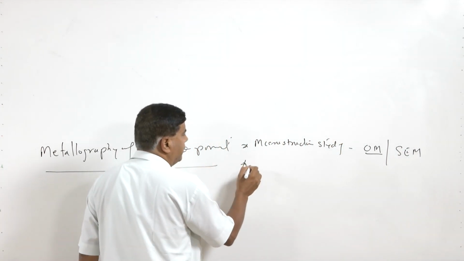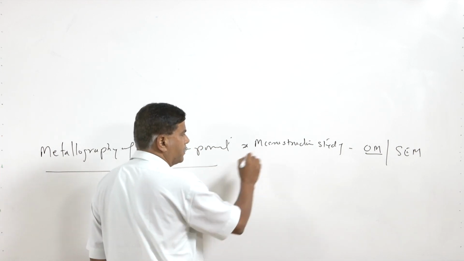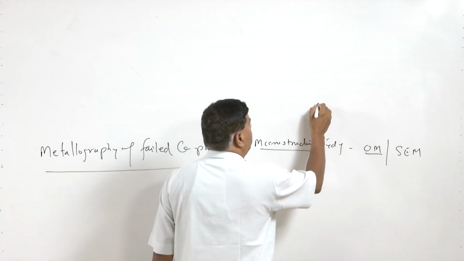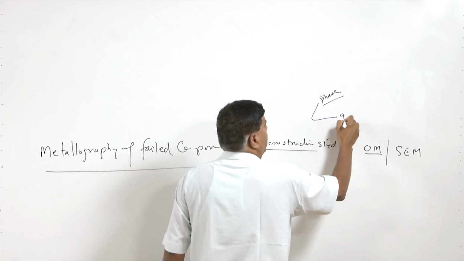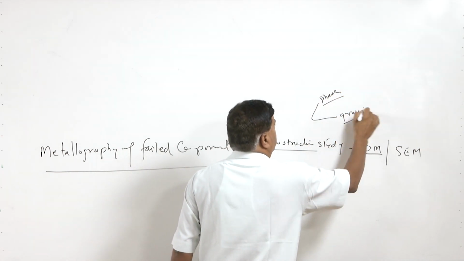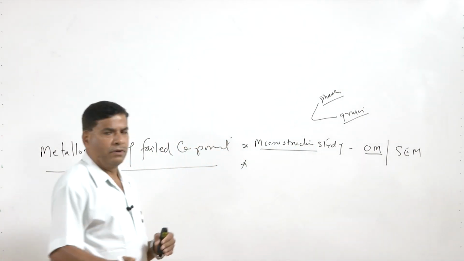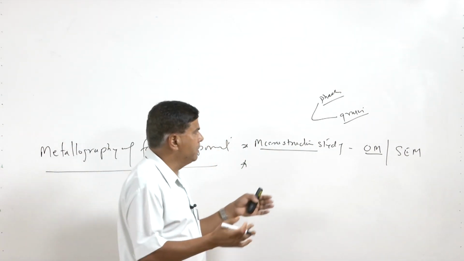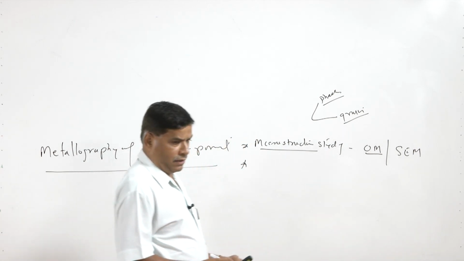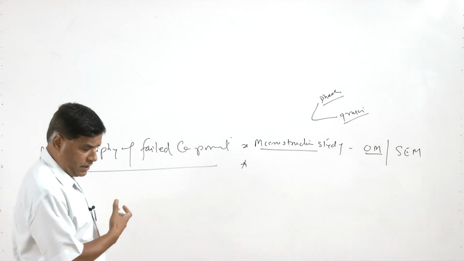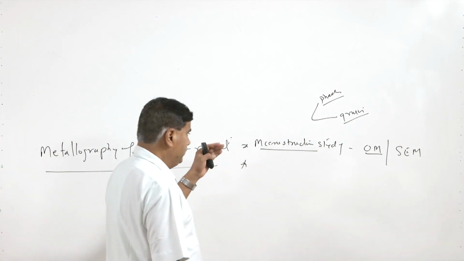Thereafter, identification of the phases, because microstructure study will be involving the phase and the grain structure study. So, type of the phases, relative amount of the phases and their distribution. Similarly, in the grain structure study, the size of the grains, shape of the grains and their distribution.